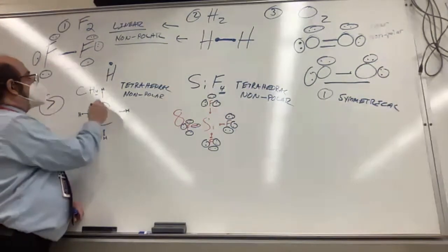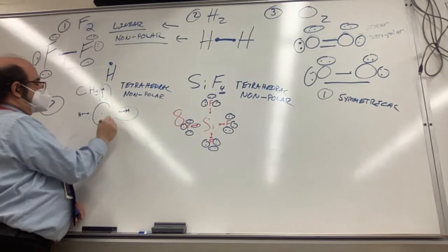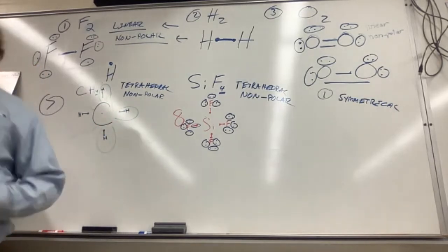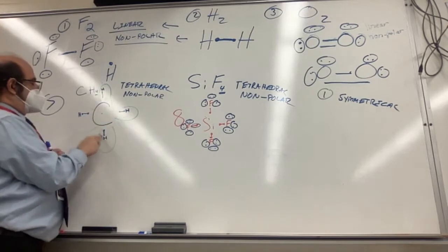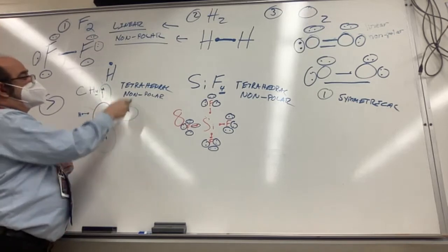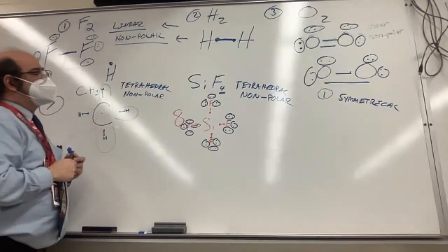Based off of the central atom, around it, there's 1, 2, 3, 4 things. Looks like a clover. Those 4 things are all bonds. 1, 2, 3, 4. So it's 4, 4, 0, which is tetrahedron.